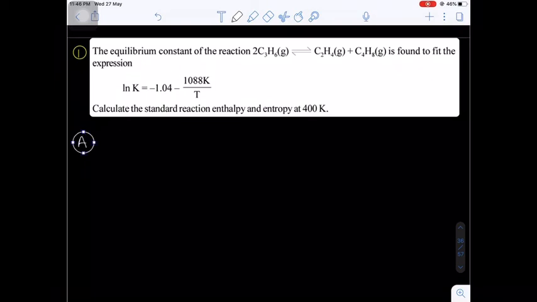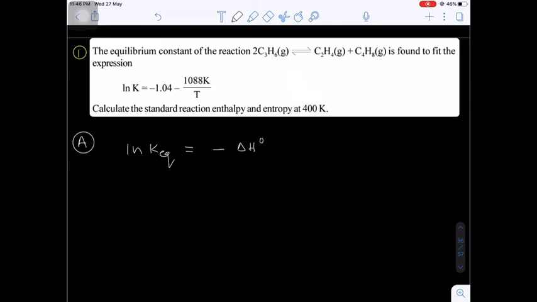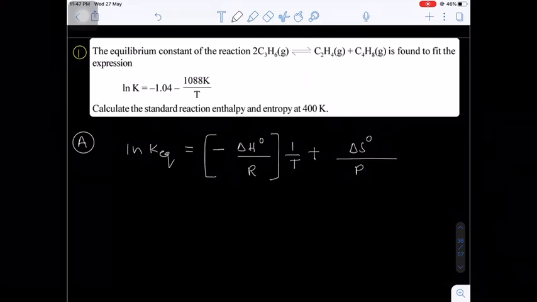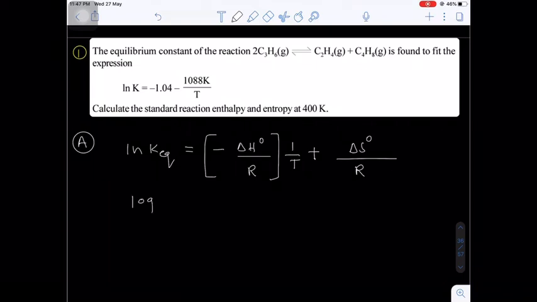Now I derive the relation between ln K versus temperature. ln K equilibrium is equal to minus delta H naught divided by capital R only, because we should not take the 2.303. Why? Because there is a ln. Into 1 by T plus delta S naught by capital R. We should not use the 2.303.